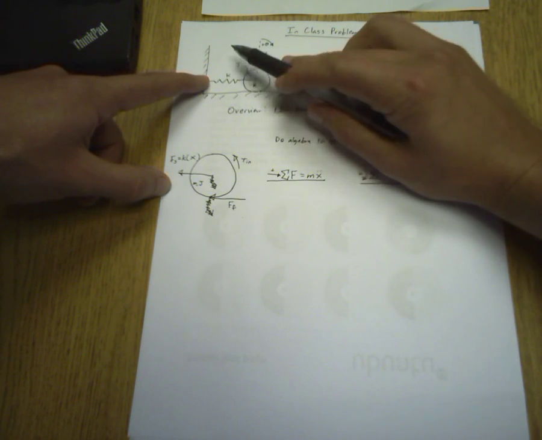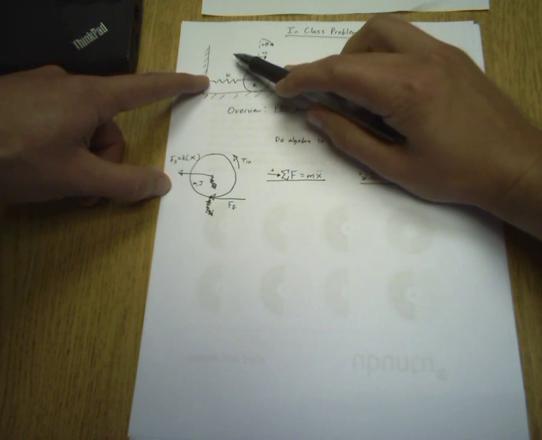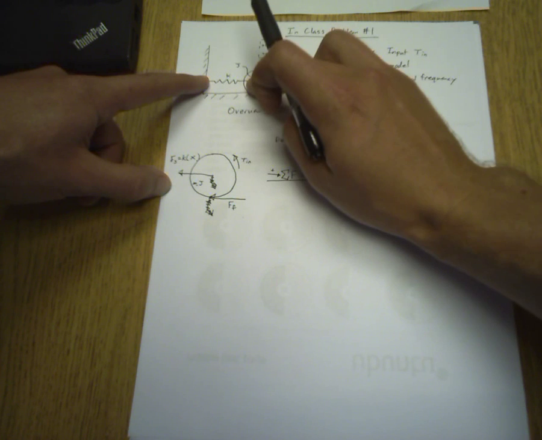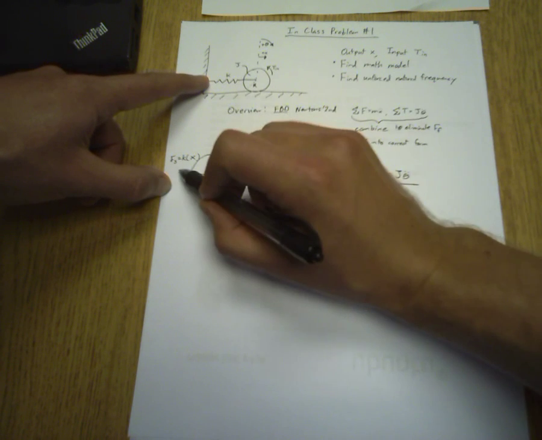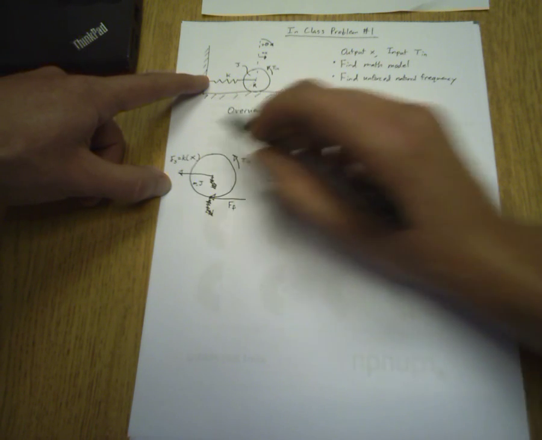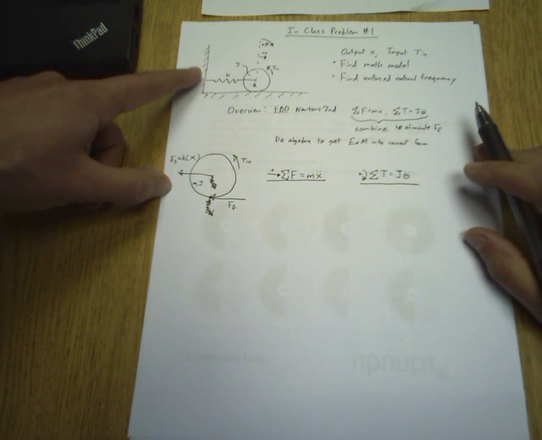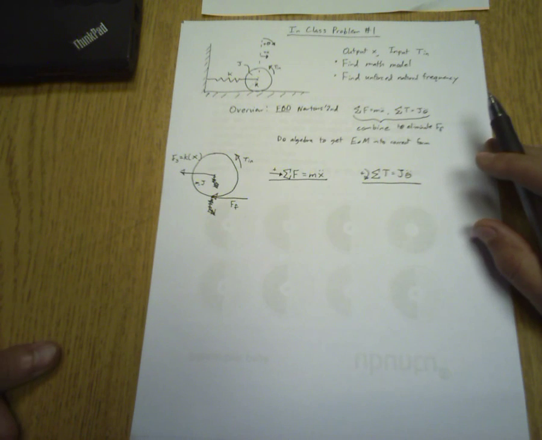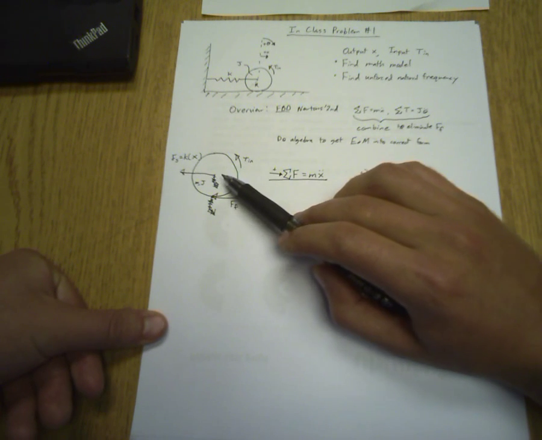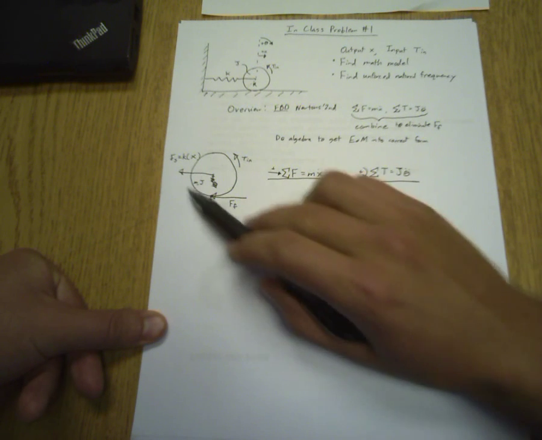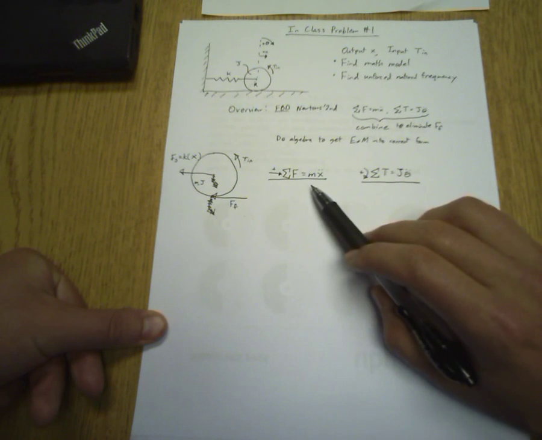Imagine I had defined x in the opposite direction, so defining positive x going to the left. Then as I stretched x in the positive direction, which would be compressing the spring, it would push opposite this force, and in that case I would need a negative sign here. That's not the case in this problem, but that's what I mean by making the spring do what the drawing shows. Okay, now that I've completed that, I'll move over here and begin writing our forces.